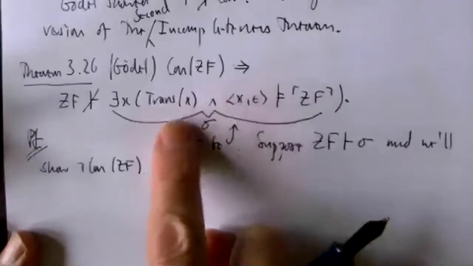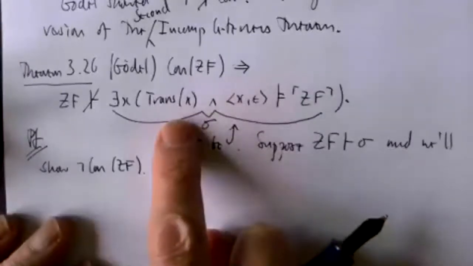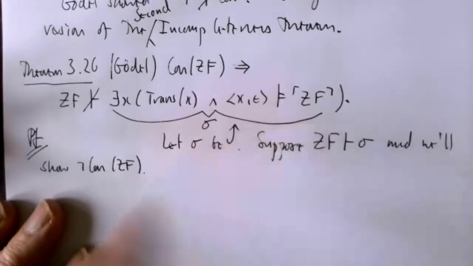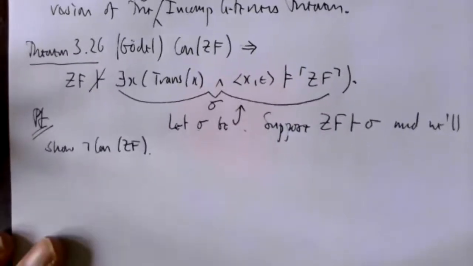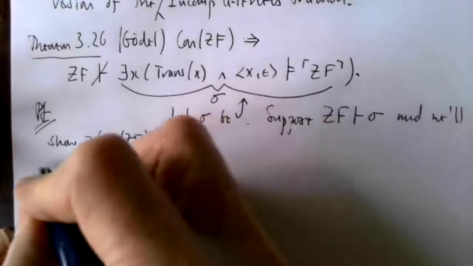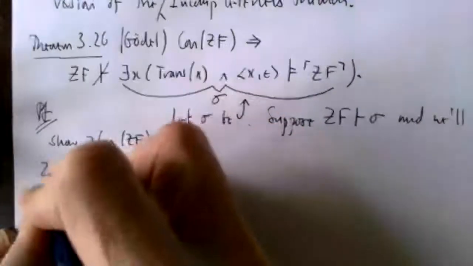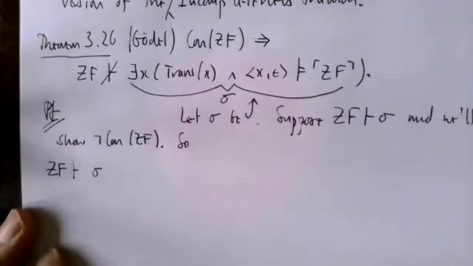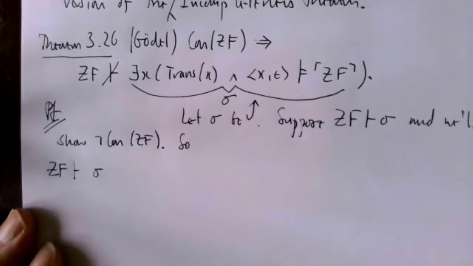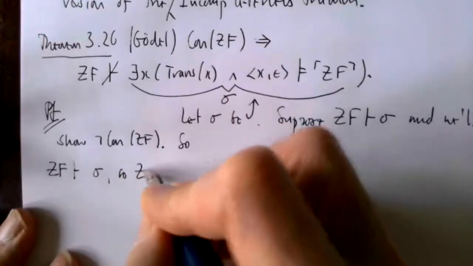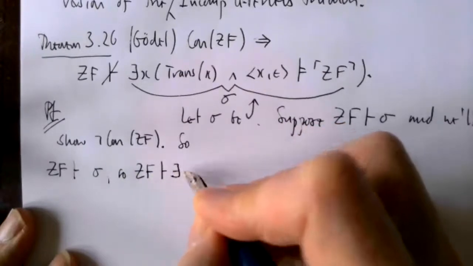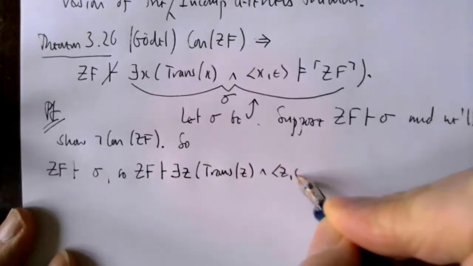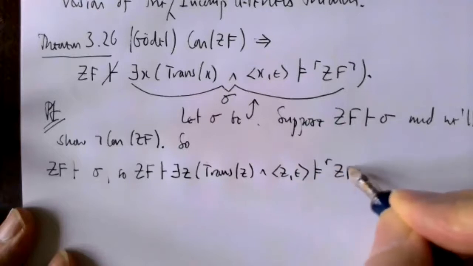So a set is somewhere there in the V hierarchy, it's got a rank. So we'll look for transitive models of ZF which have got least rank. We'll get from that a contradiction. So ZF proves sigma, so ZF proves there is some Z which is transitive and Z epsilon is a model of ZF here.